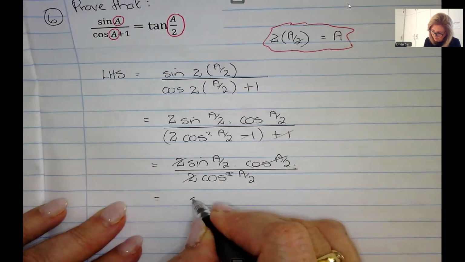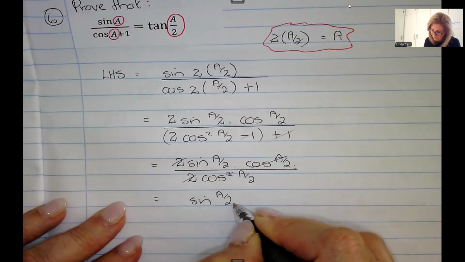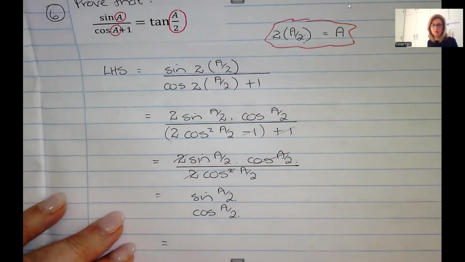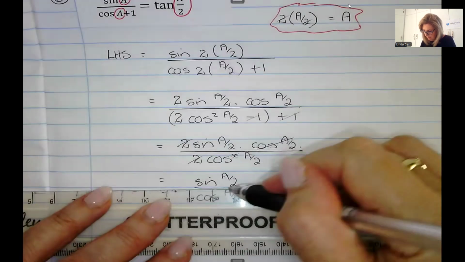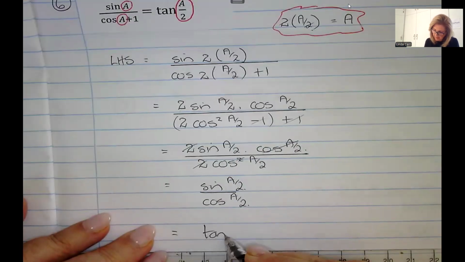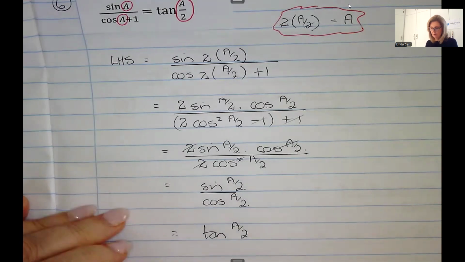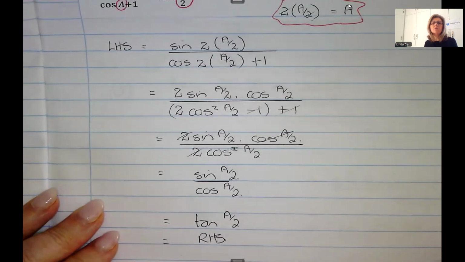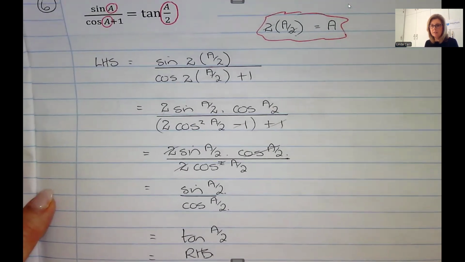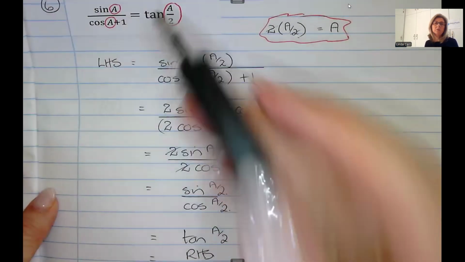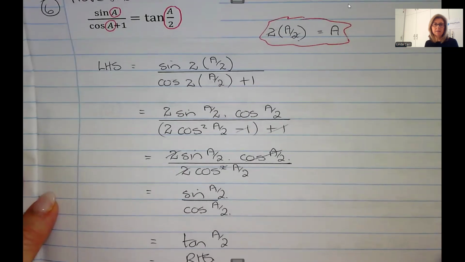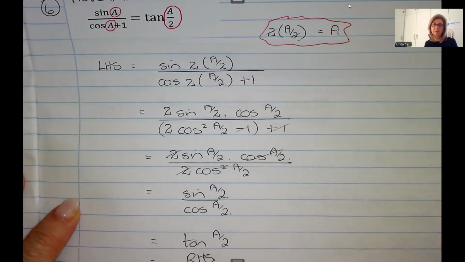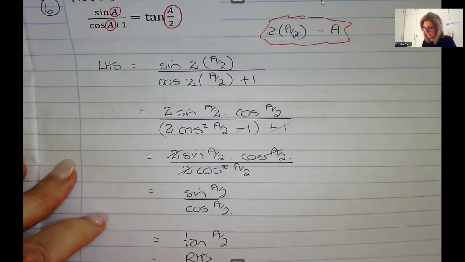And we're left with sine A over 2 over cos A over 2, which is exactly what we wanted, tan A over 2, which is my right-hand side. Okay, so don't forget that you can take a half angle and turn it into alpha, so that your whole angle becomes the 2 alpha. It's a very nice trick to know about.